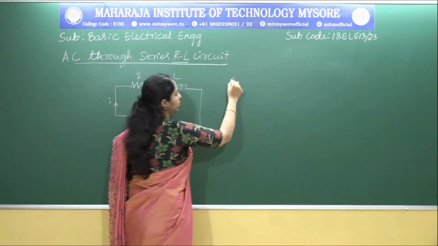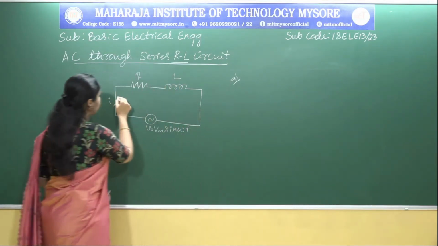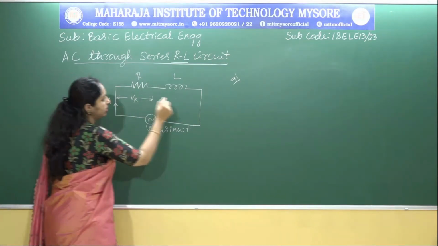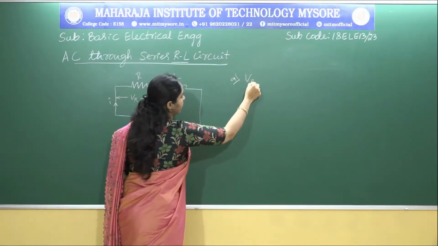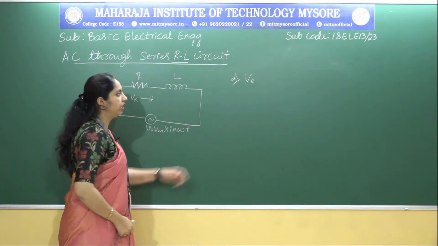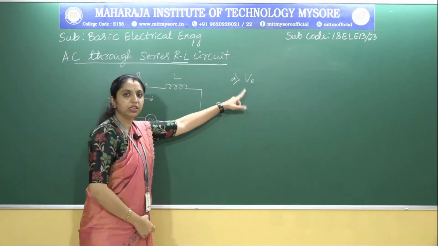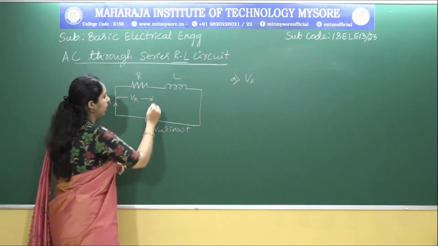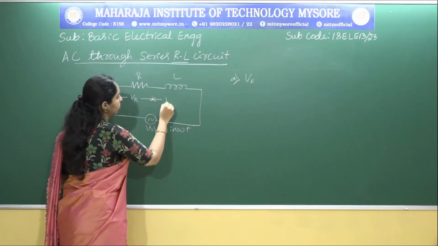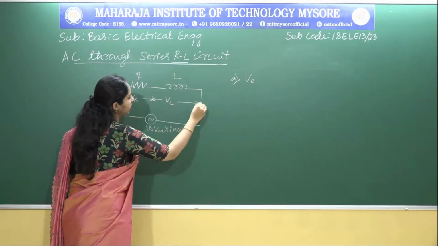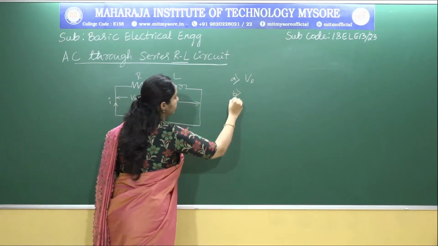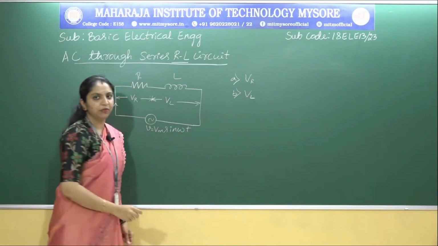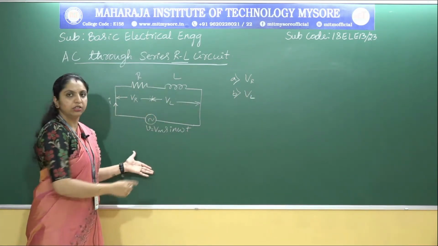When the same current flows through these two elements, there will be two voltage drops. The first is the voltage drop across the resistor, which we call VR, V suffix R. There is one more voltage drop, which we call VL, V suffix L, the voltage drop across the inductance.